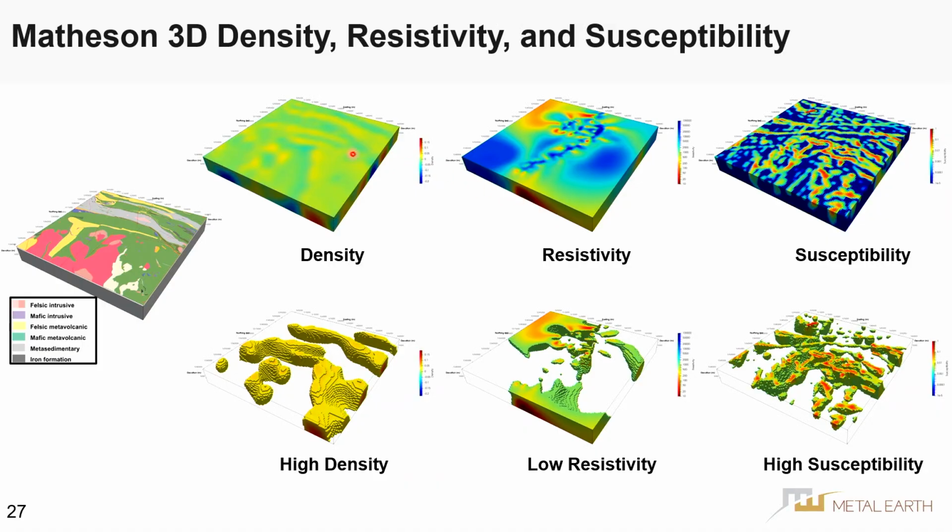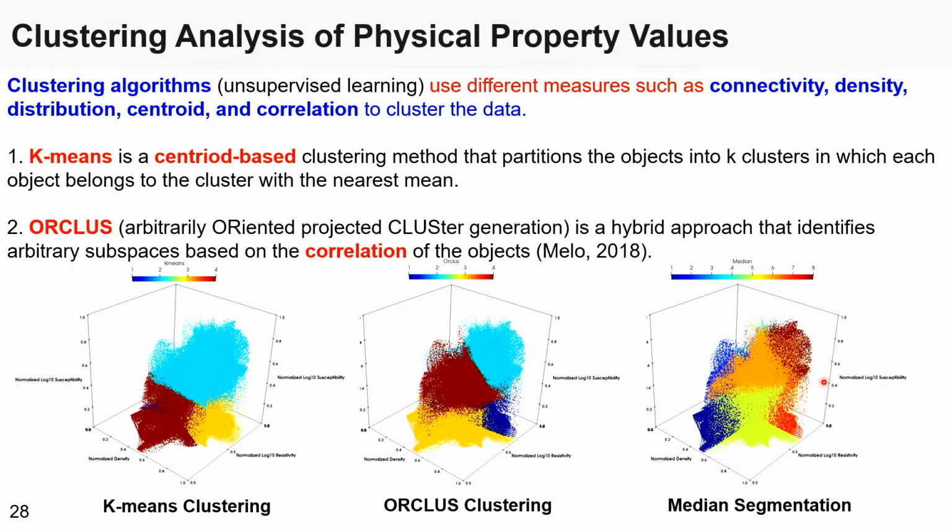So you can look at where the high densities are, or low resistivities, or high susceptibility values. The next level, as usual in data analytics, is to look at how you can cluster these things. You can choose something like K-means or more sophisticated clustering methods. I tried many of these, and you can see that when you cluster them, it just goes arbitrarily, picks something based on the center of gravity or different criteria.